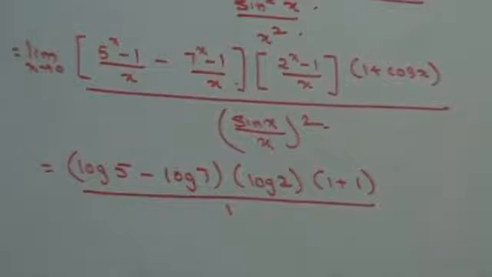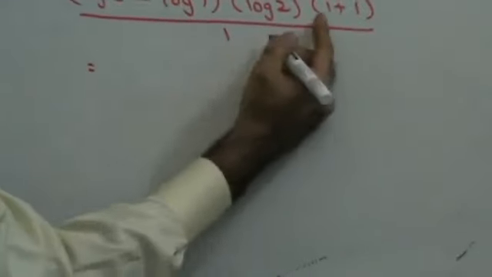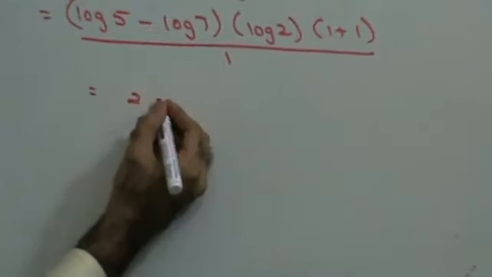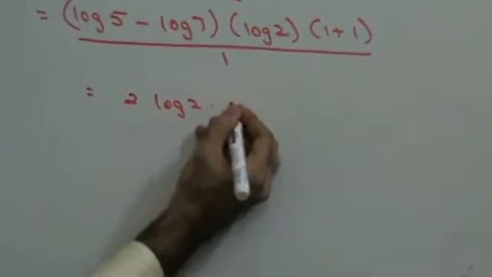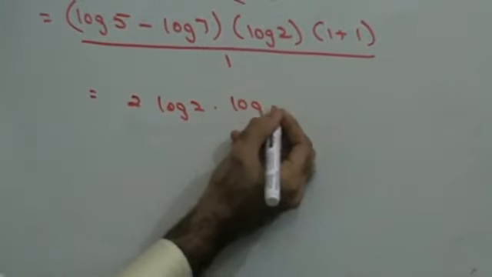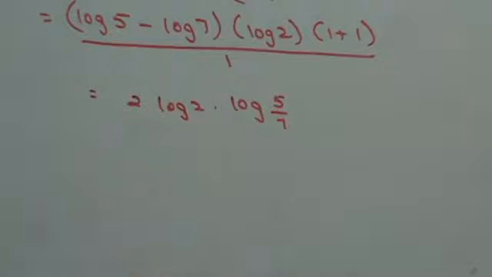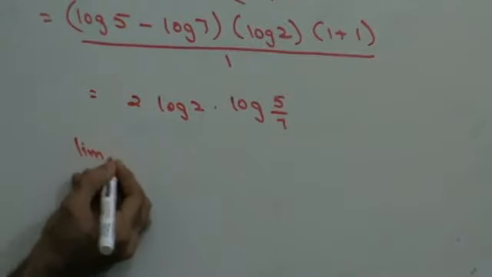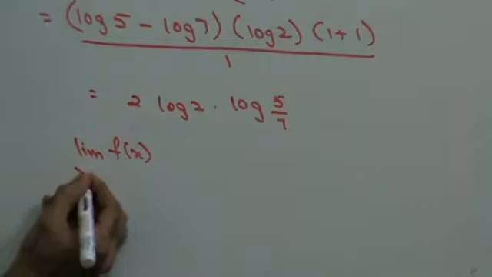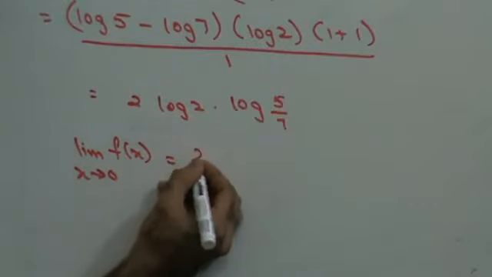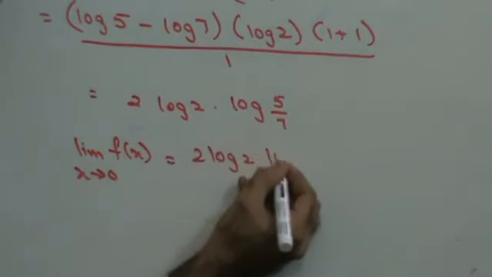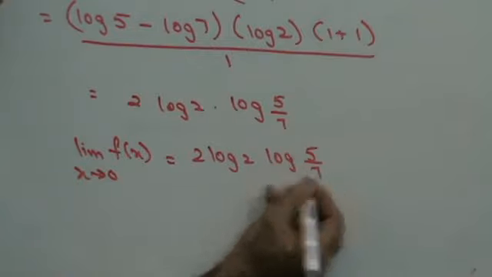Now this can be written as 1 plus 1 is 2, log 2 into log a minus log b is log a upon b, right? So this is going to be 2 log 2 into log 5 upon 7. So you found out that limit of f of x as x tends to 0 is 2 log 2 into log 5 upon 7.